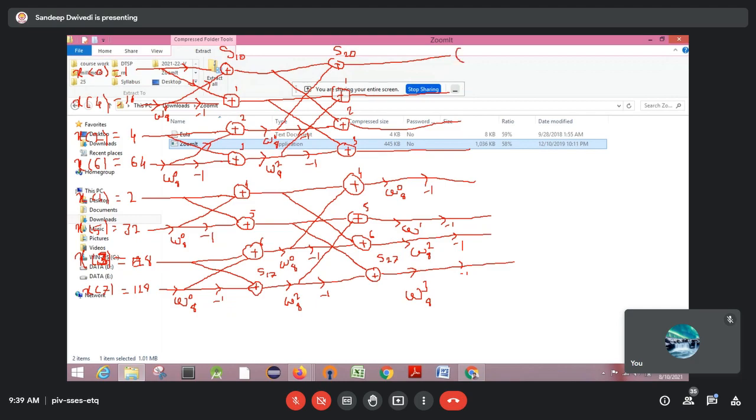Then adder, now this adder will give you the output of stage 3, and that will be your final output.